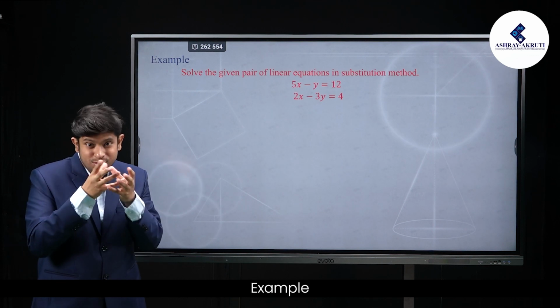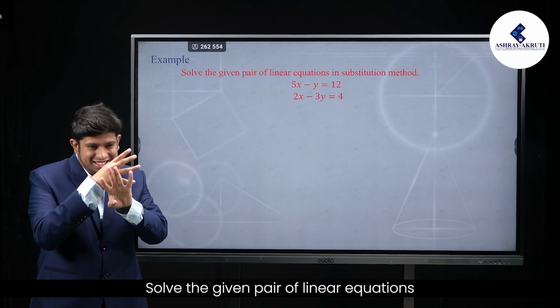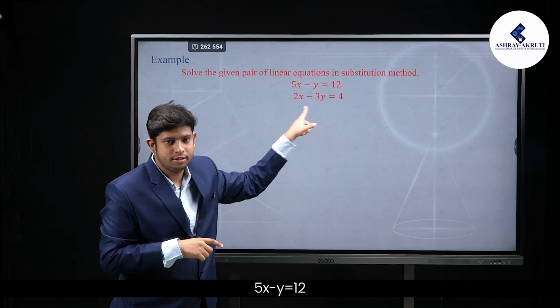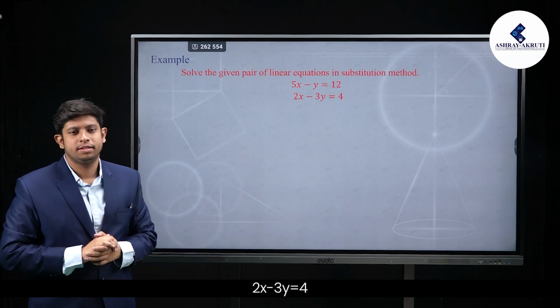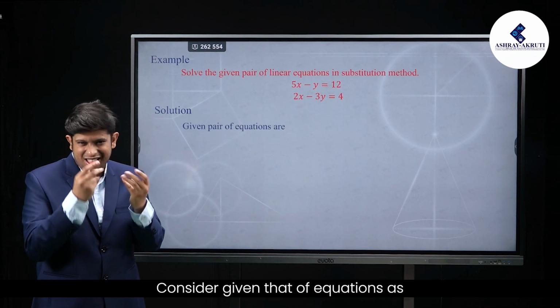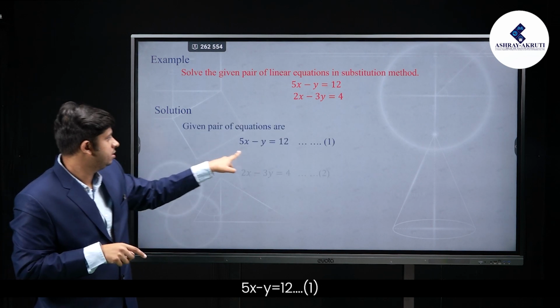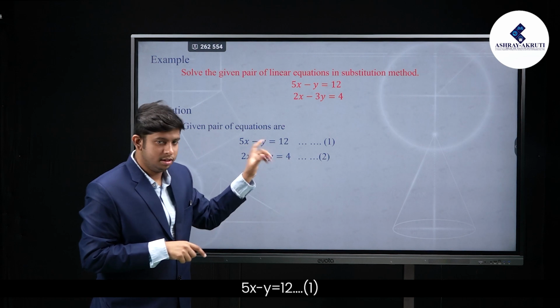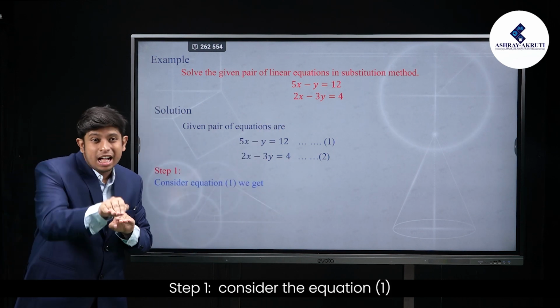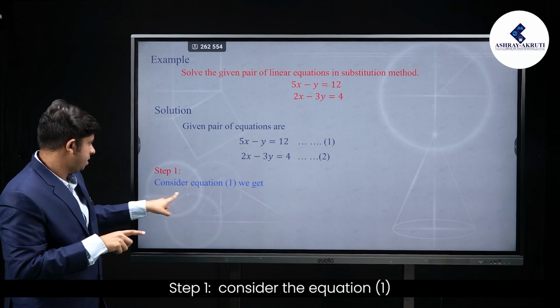Example: solve the given pair of linear equations by substitution method. 5x minus y is equal to 12 and 2x minus 3y is equal to 4. Solution: consider the given pair of equations as 5x minus y is equal to 12 as equation 1 and 2x minus 3y is equal to 4 as equation 2. Step 1. Consider equation 1.